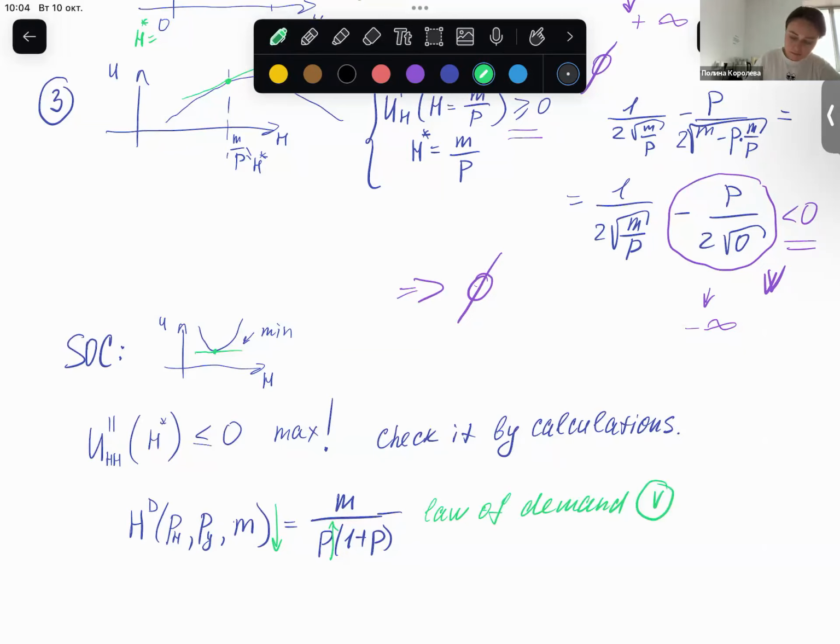And what we can say about the connection with monetary income. You see that the higher the monetary income, the higher the demand for the heating. That's why we can call such good normal good. Yes, normal good.